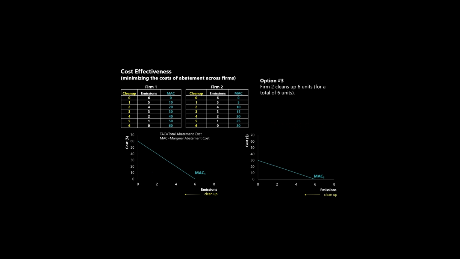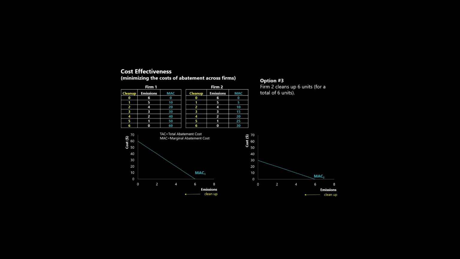In option number 3, we say that Firm 2 is going to clean up all 6 units. You might think that this turns out to be cheaper, because if you take a look, the scales on the two curves are the same, and it's pretty clear that the marginal abatement costs for Firm 2 are much lower.